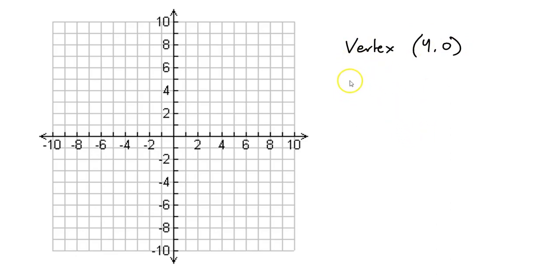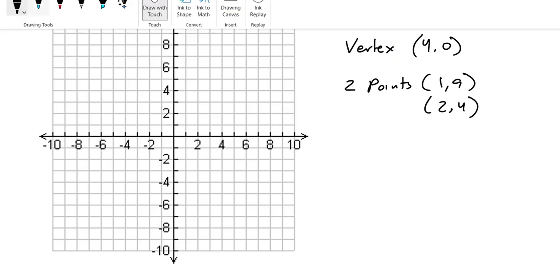We have 2 points, one at 1, 9, one at 2, 4. We also have a y-intercept at 16, but notice my graph doesn't go that far, so I'm not going to worry about this. So let's start graphing.